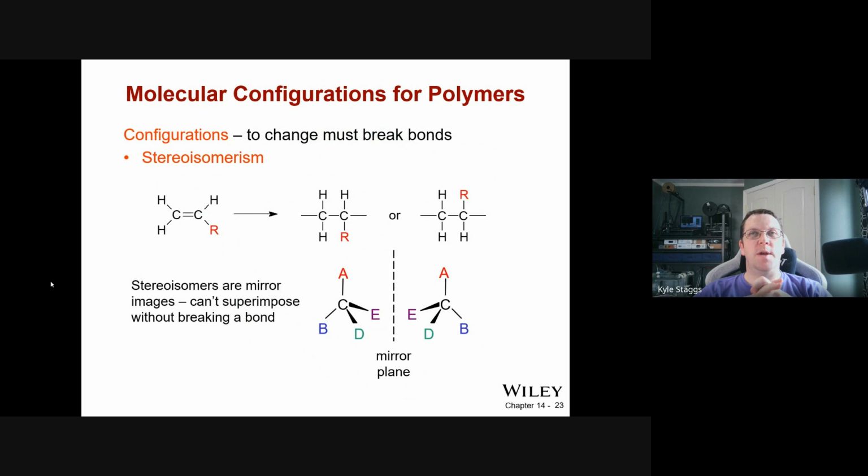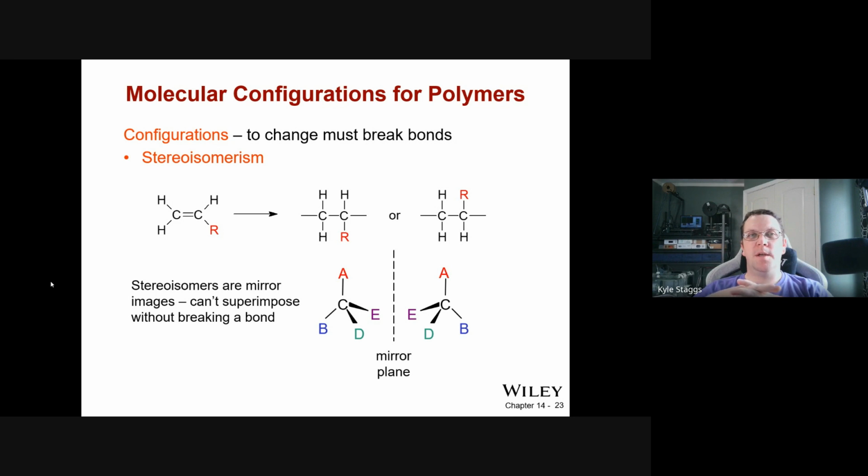Configurations rearrange bonds. So this has to do with something called stereochemistry. So if you did something like this top example and you rotated the second carbon bond, you would have the R on the other side. So those two are the same thing.